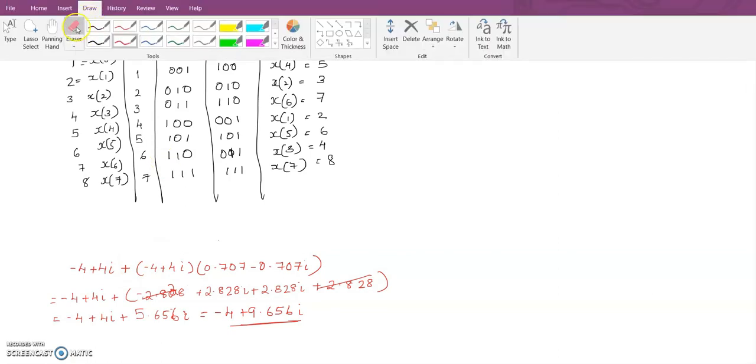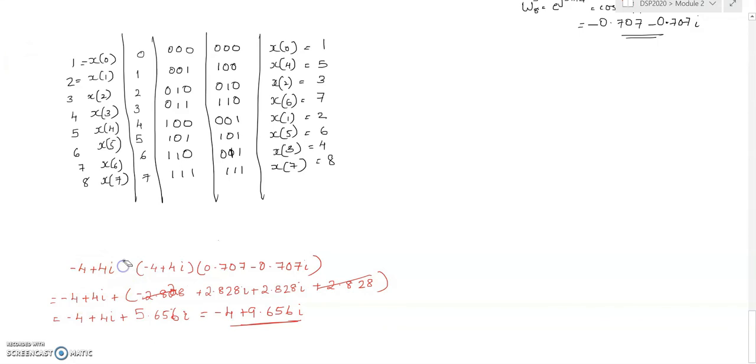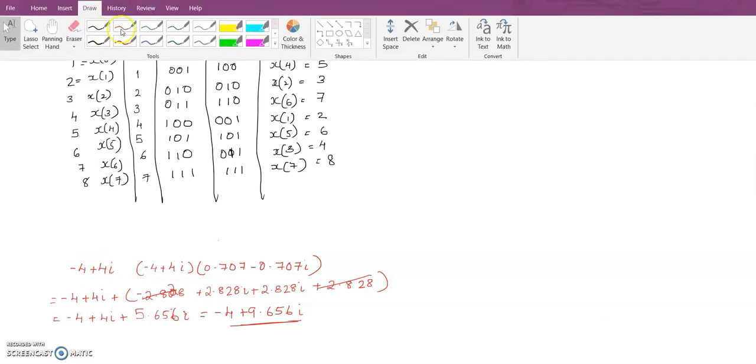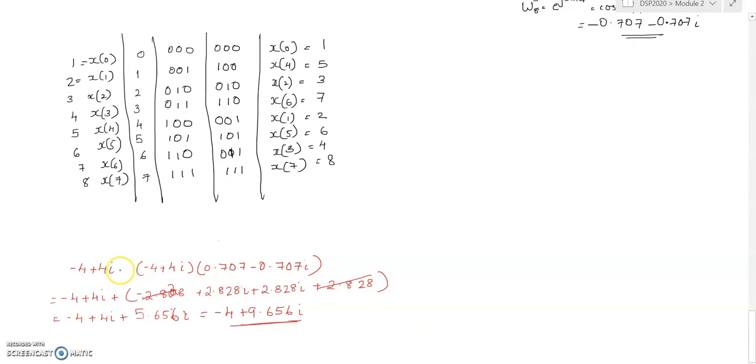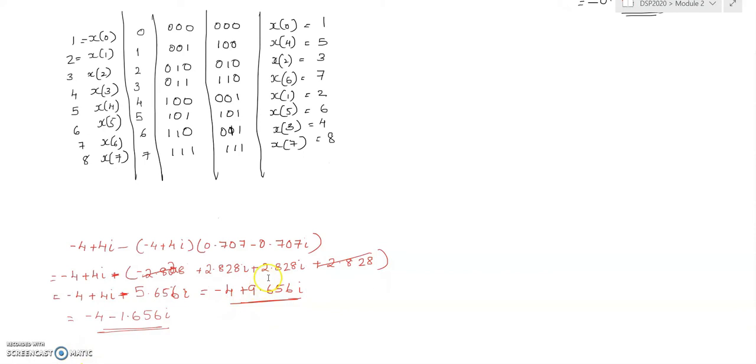This is actually a minus sign, and when we perform the minus sign out here, I hope you're following me, this will be -4 minus 1.656i.